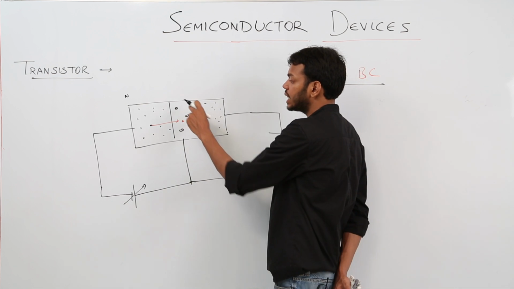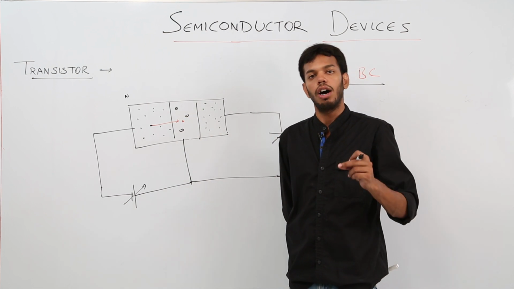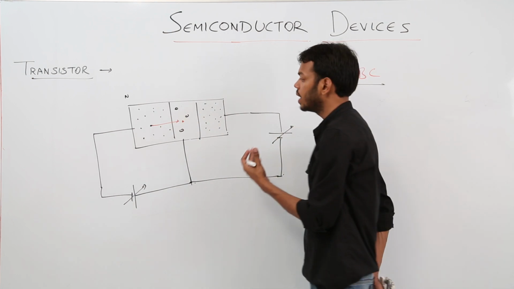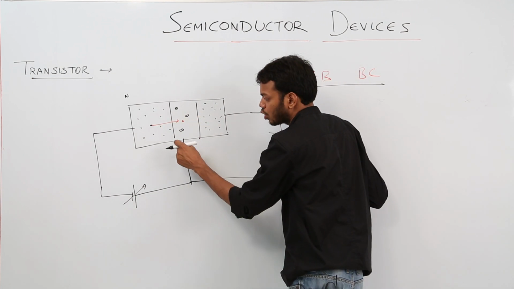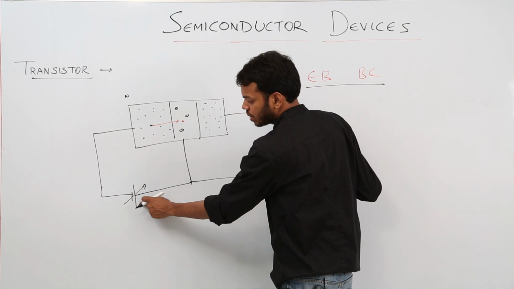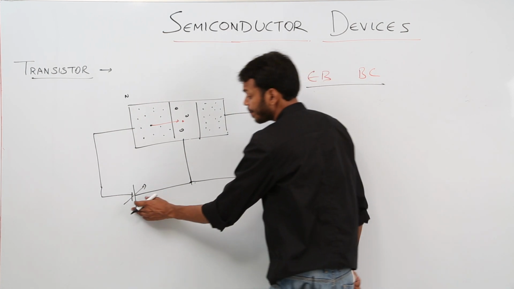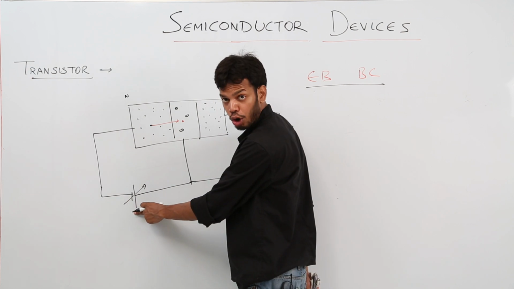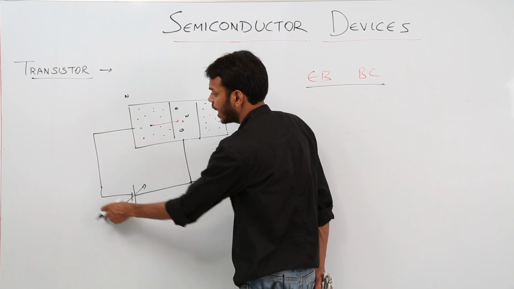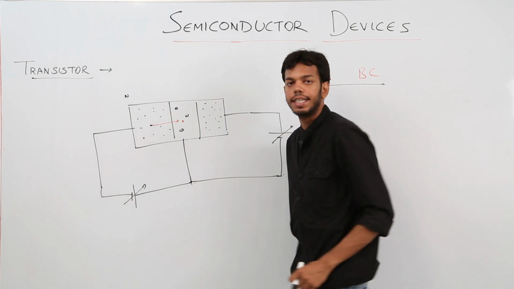Why? The base region is very lightly doped. Almost 5% of what the emitter and collector regions are doped. So once this electron enters this region, it will actually go to this battery or the external source. Here a covalent bond will break. The covalent bond breaking will reproduce an electron which will again go inside the N region, right?